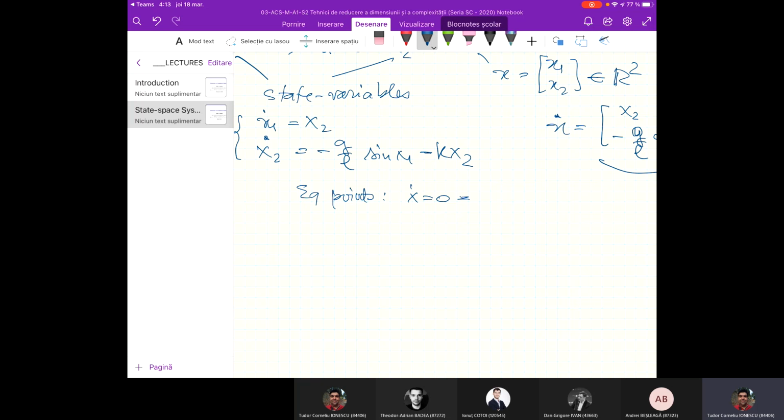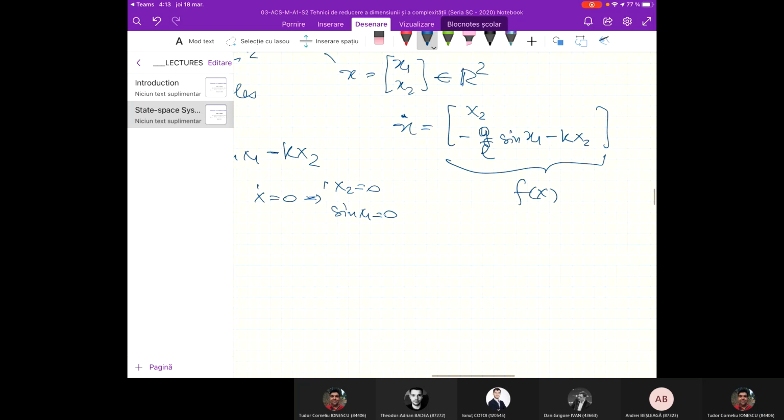So that means that x2 is 0 and sine x1 is 0, which is equivalent to the fact that x1 is of the form k pi, and x2 is 0, where k is an integer. These are the equilibrium points.